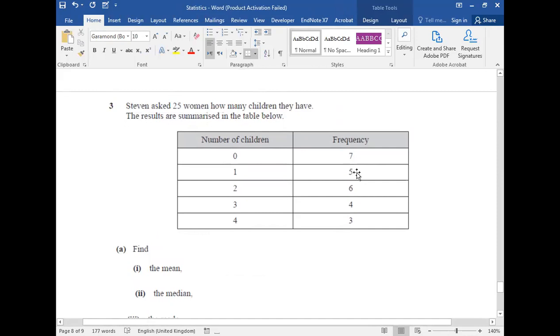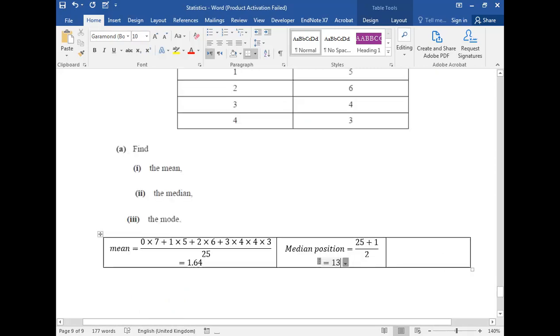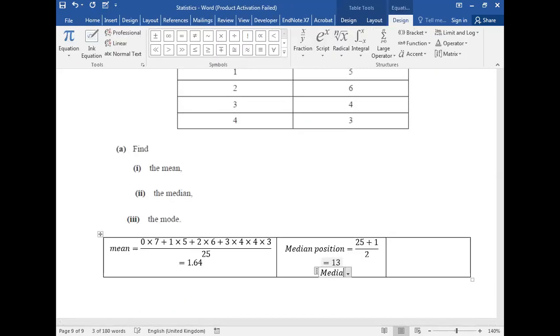So from the 8th position till the 12th position, the women have the value 1. On the 13th position, what is the value of my data? 2. So my median is 2. Is this clear or not? This will help you understand and visualize ungrouped data, this is how I explain it. Median is 2 because on the 13th position my data has the value 2.